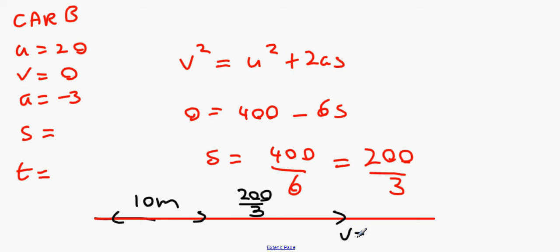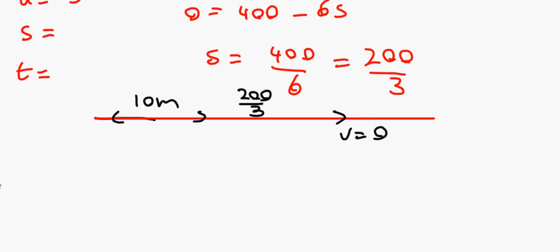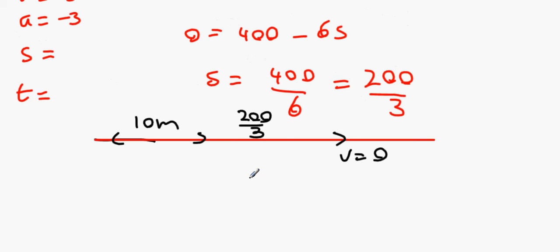When we add them together, 200 divided by 3, which is 66.6 meters, plus those 10 extra meters, you get 230 over 3.